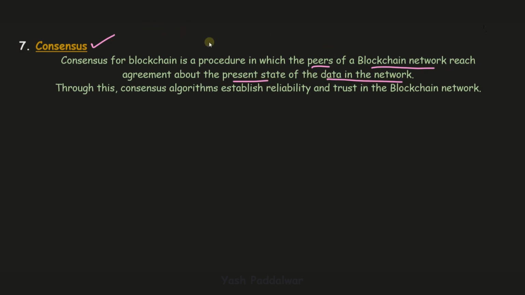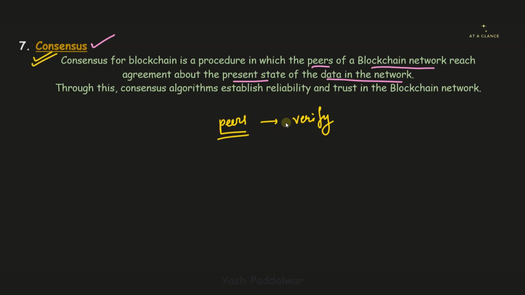In the previous video, I already said that every single peer involved in the blockchain network will try to verify the transaction that takes place. For verification, there must be some algorithm used by every single peer so that basic uniformity is maintained. And that algorithm is the consensus algorithm.